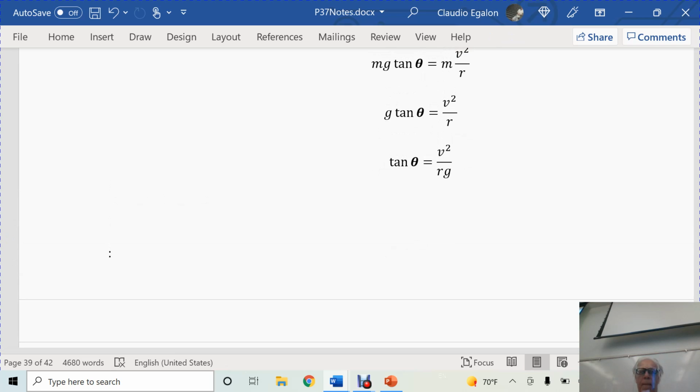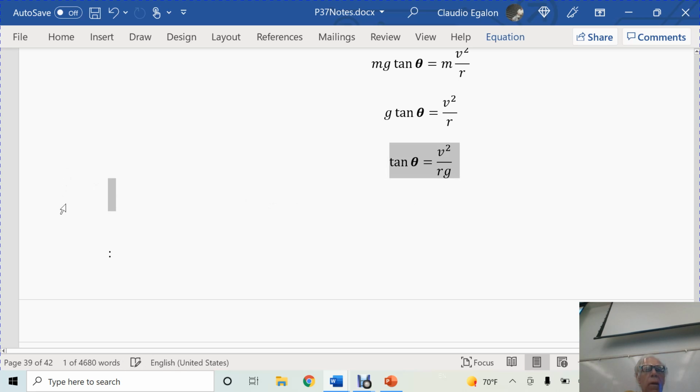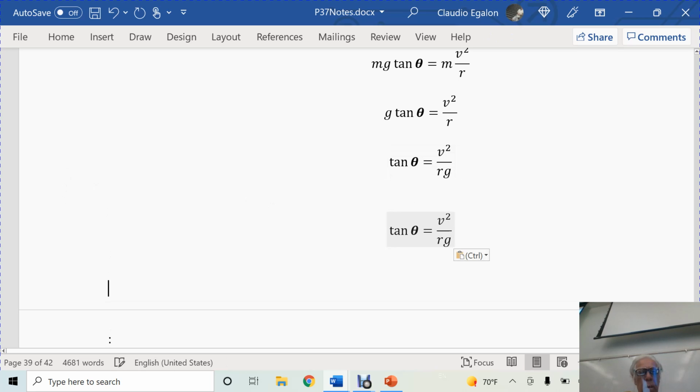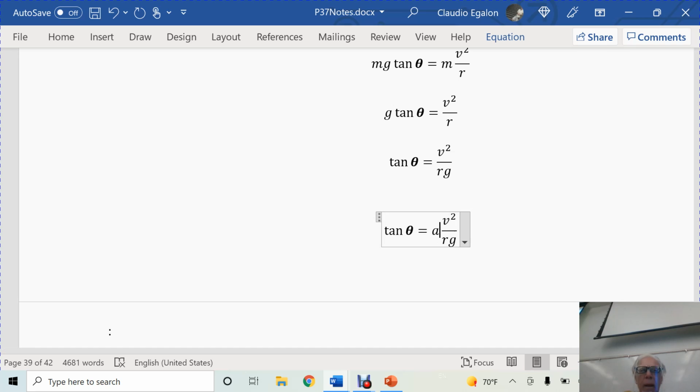So let's come up with some numerical values. This angle goes with the square of the velocity, right? If you want to solve for theta, you have to do arctangent.